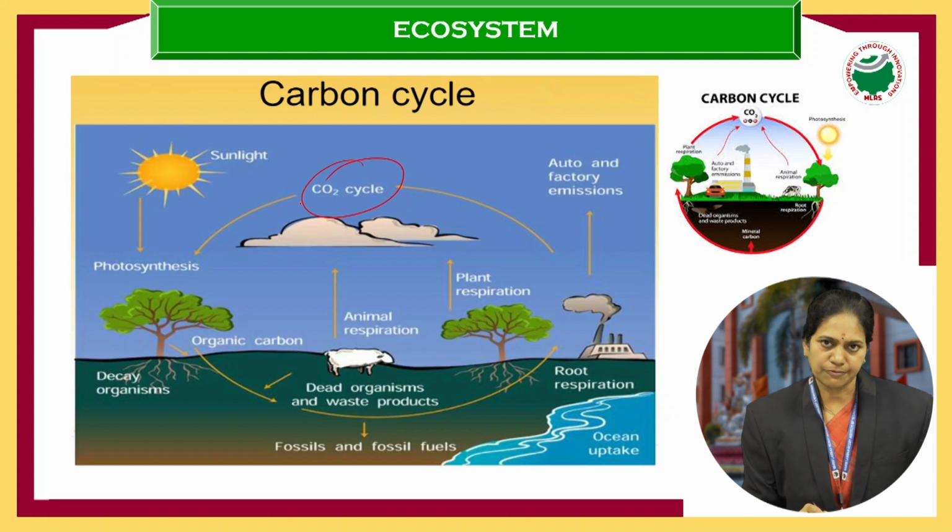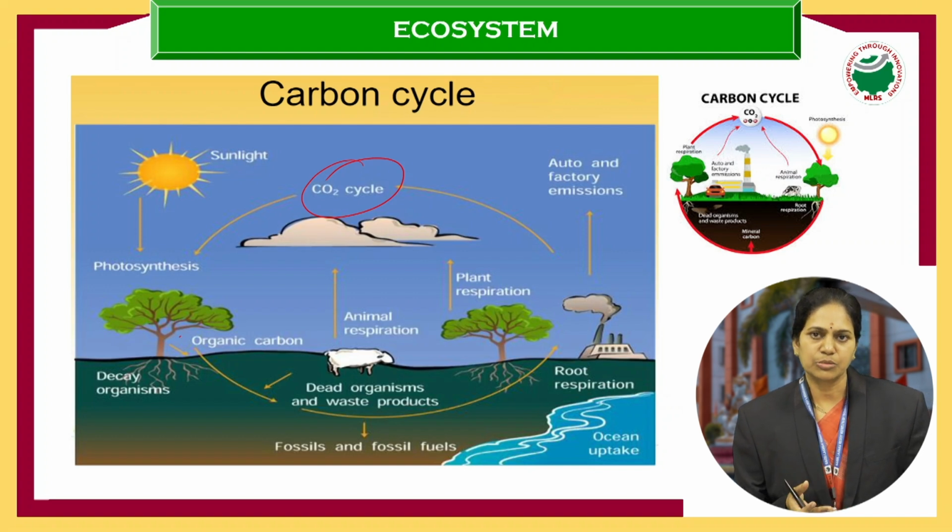Because of the process of photosynthesis, it is absorbed by the plants, or the autotrophs. The autotrophs require carbon dioxide when they are preparing their own food in the process of photosynthesis. Now, we are all higher level organisms, dependent on the autotrophs for our food.